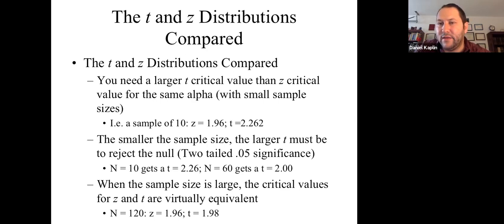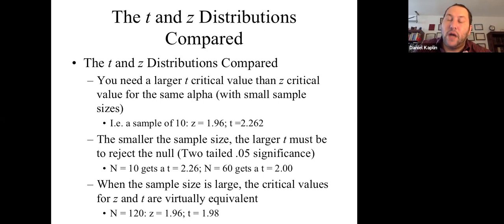And that comes from the back of the book, if you're wondering where the numbers came from. Whereas our T for 10 was 2.26, right? So it's getting smaller and smaller and closer to the Z. When we have 120 in the back of the book, you'll see that the Z always stays 1.96 because that's based on area under the curve and percent of scores to the right or to the left of the middle, the two tails.